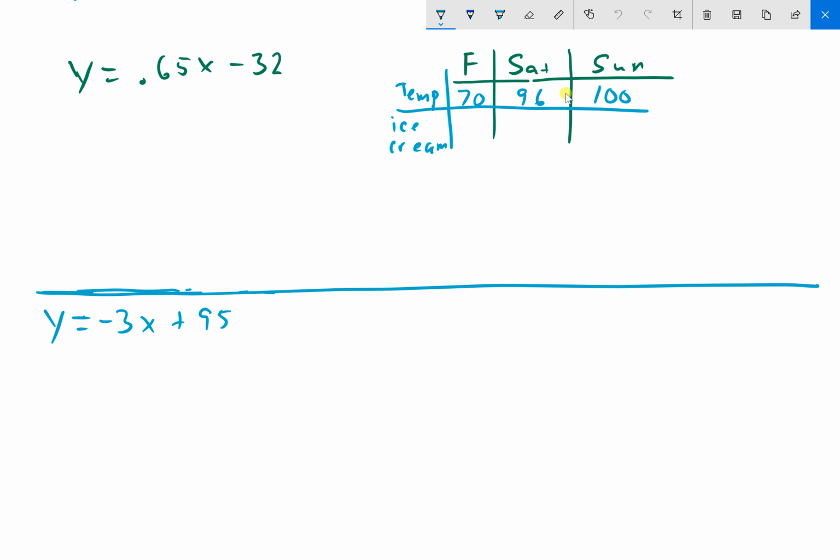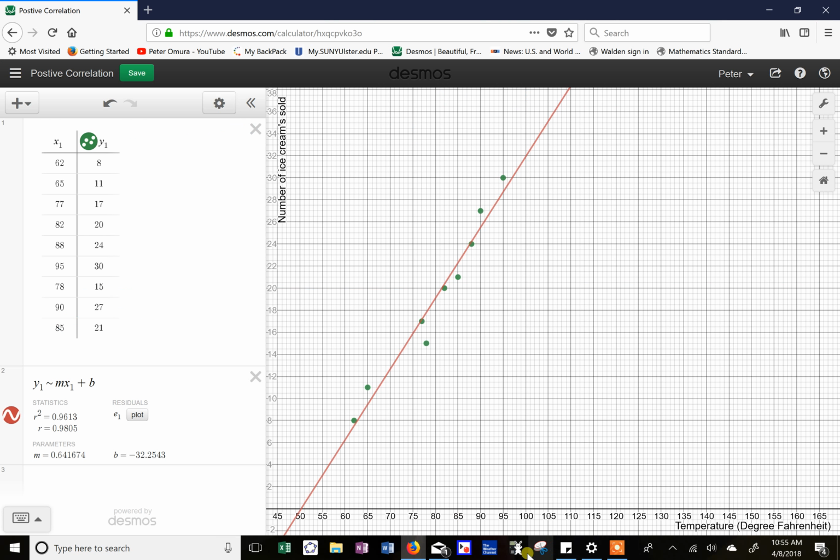What you're going to do is take y equals 0.65 times 70 minus 32, and as good as I am, I'm not going to try doing that in my head. So let me pull up my calculator.